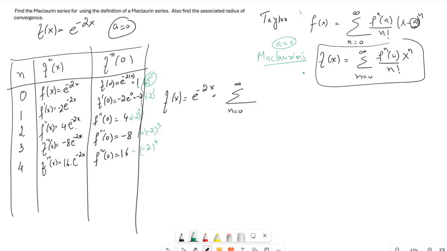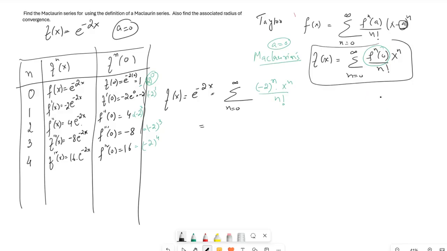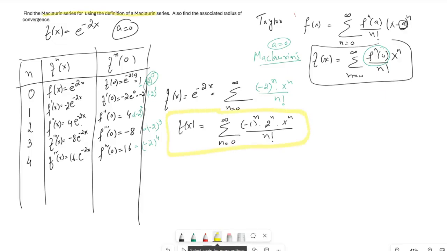So in general we can write negative 2 to the power n times x to the power n divided by n factorial. This can also be written as the sum from 0 to infinity of negative 1 to the power n times 2 to the power n times x to the power n divided by n factorial. So the first part of the question, find the Maclaurin series, we did that. This is your answer.